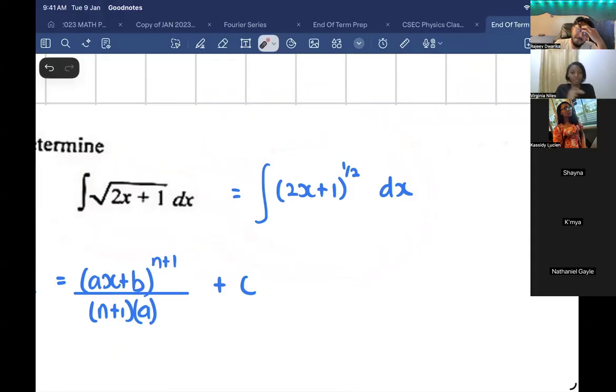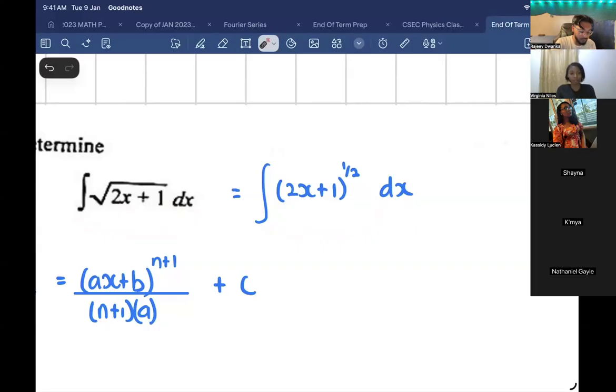Well, we didn't do integration yet. Okay, cool. So here, I did not integrate as yet. All I did was rewrite this in this form. Guys, what does square root mean? To the power of a half.